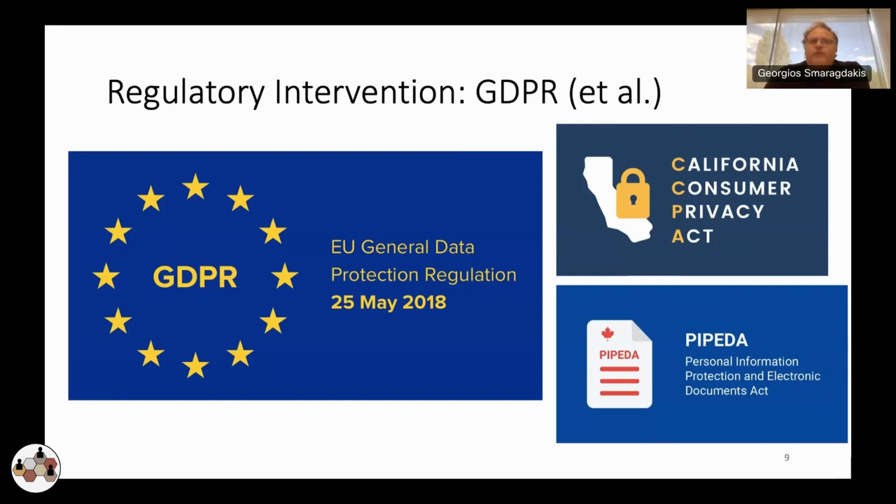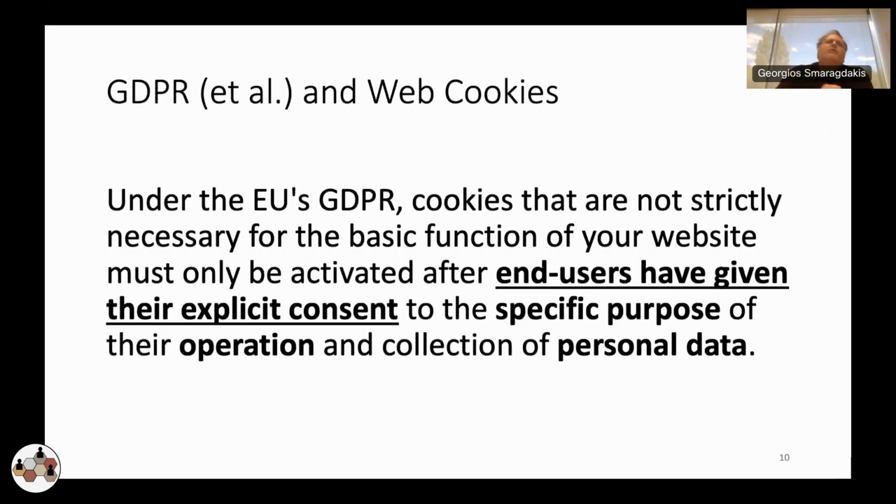Now, if we focus specifically on what GDPR and other regulations mention about cookies, it's very clear that a cookie, this small piece of data to track you, should not be installed in your browser without, first, the knowledge of the user, and second, the explicit consent.